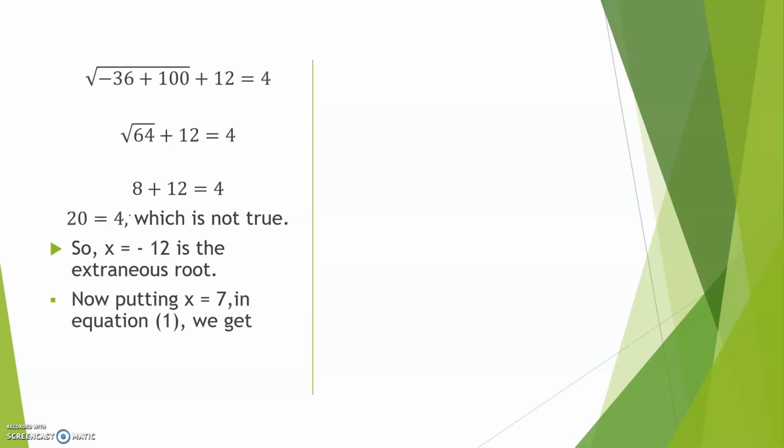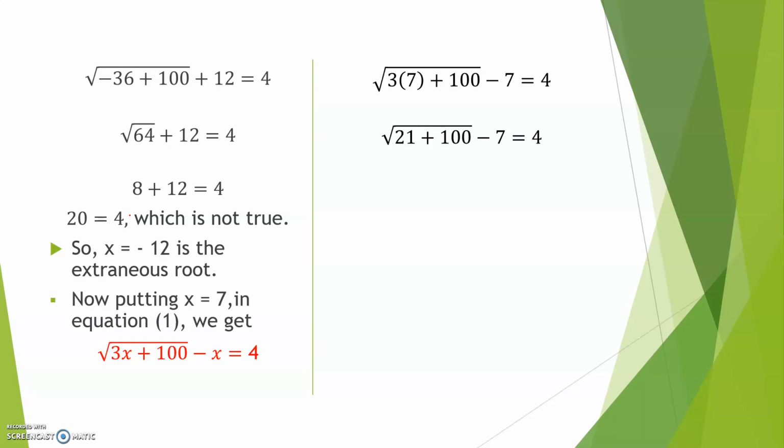Now putting x is equal to 7 in equation 1, we get square root of 3x plus 100 minus x is equal to 4. After putting the value of x, we get square root of 3 into 7 plus 100 minus 7 is equal to 4. That is square root of 21 plus 100 minus 7 is equal to 4. Again simplifying, we get square root of 121 minus 7 is equal to 4.